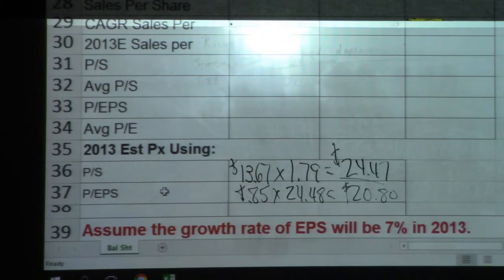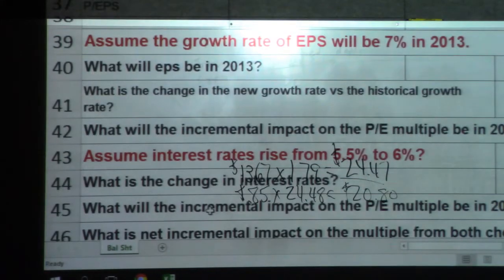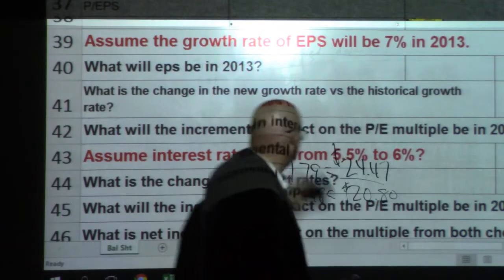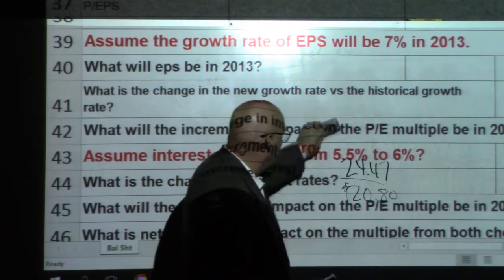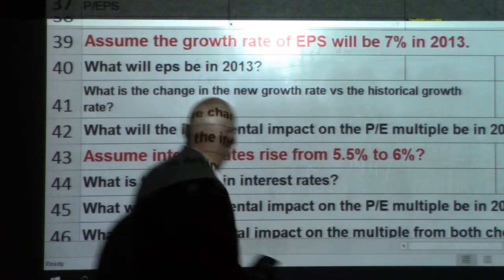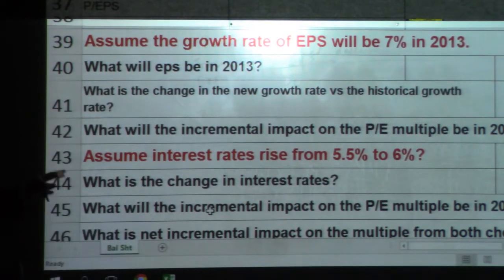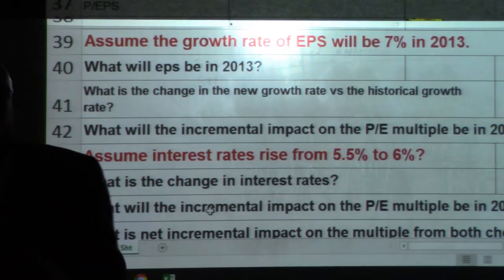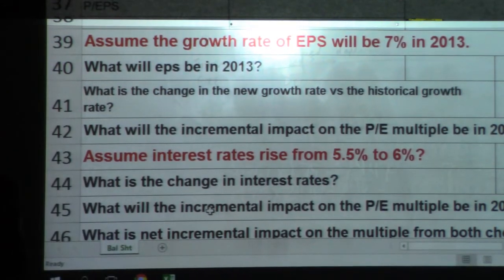Now let's make an adjustment for growth rate. We're going to ignore price to sales and just focus on PE. So let's assume now that growth of earnings per share will be 7%. So our growth rate's going up.